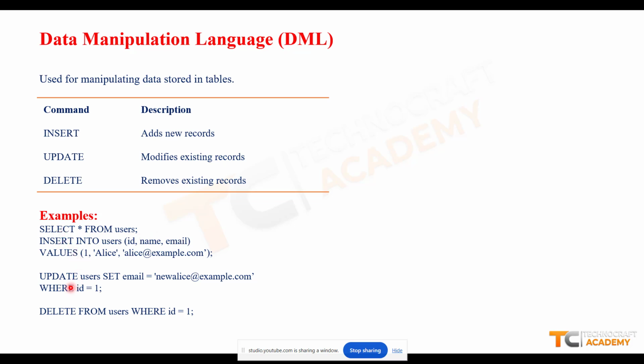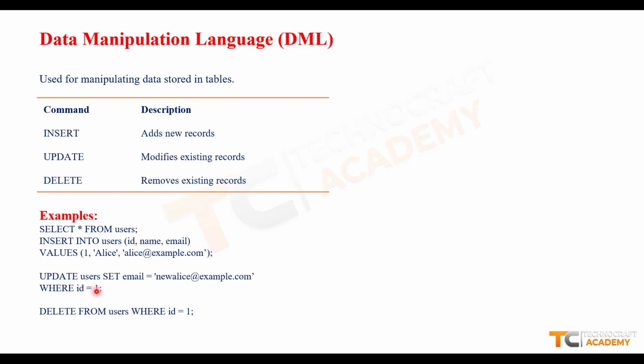The next one is the update command. For the update command, you can see the syntax is similar. So update, the table name users, set email. If you are going to change the email address, then we are using a keyword called set, and then set email. What is the new mail that you are going to write here? It is new alias at the rate example.com, where id equals 1.